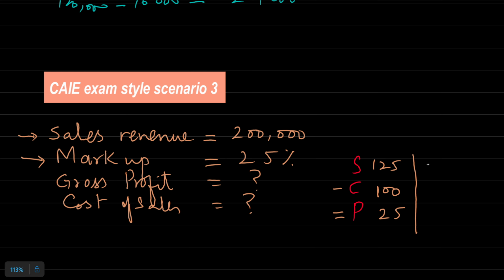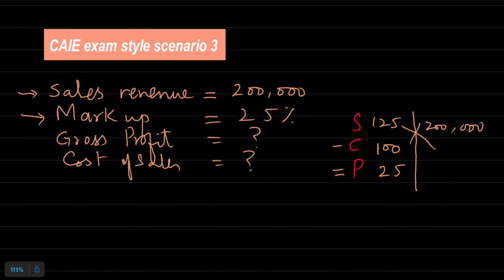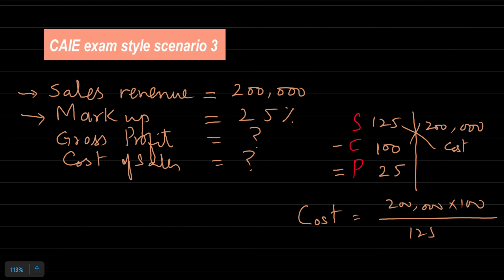Now students, sales is given as 2 lakh and cost is not given. Cross multiply to calculate cost. Cost is equal to x. So the cost will be 2 lakh into 100 divided by 125.